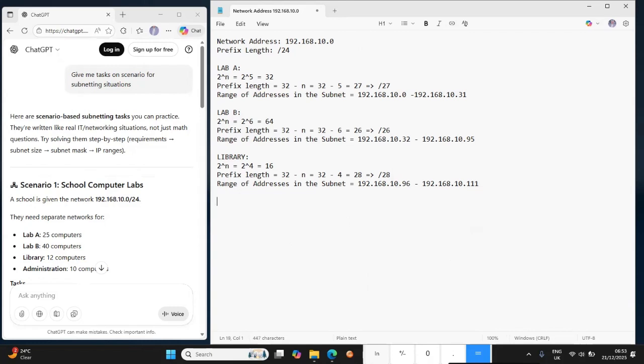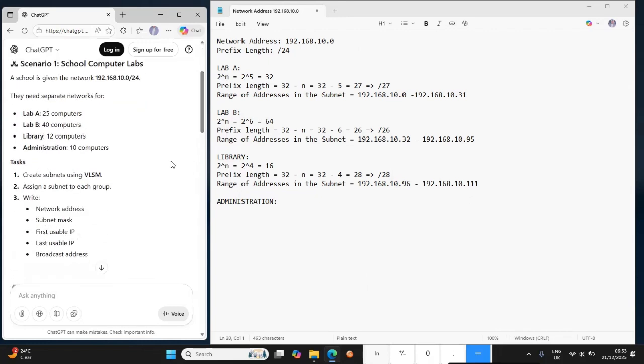Now for administration. We have 10 computers. For 10 computers, it's still going to be 2 raised to power 4, because 2 raised to power 3 gives us 8, which is less than 10.